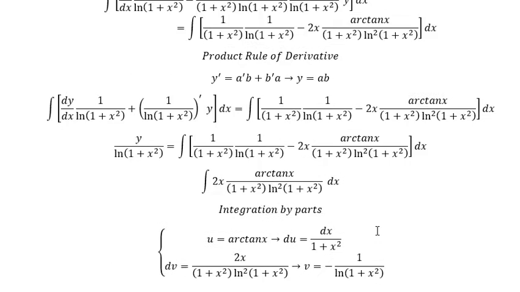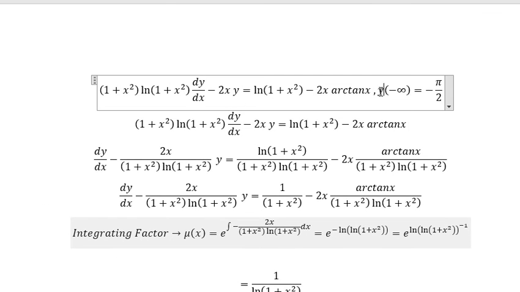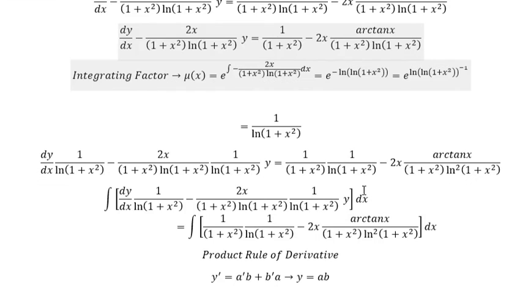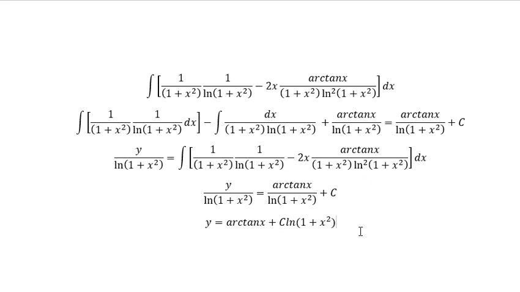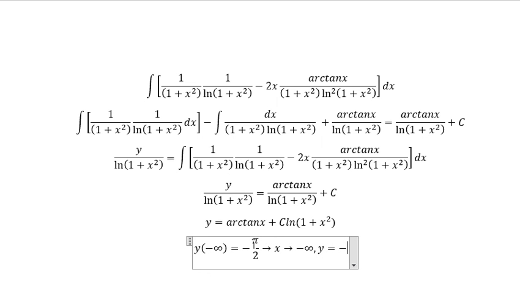Now we have the conditions in here. That means when x approaches negative infinity, we have y equals negative b over 2.